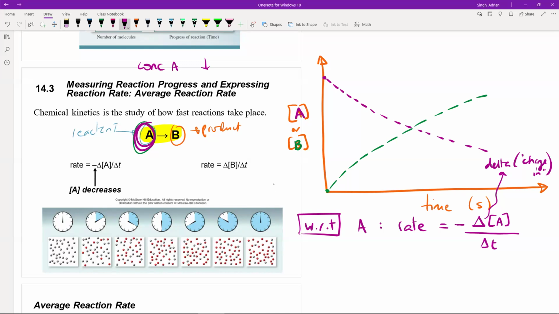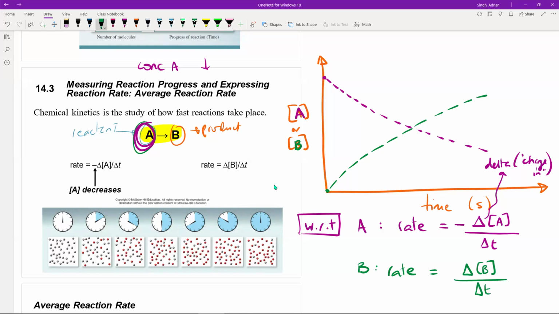That tells us that the reactant is going down as time passes. We can look at this with respect to B as well. The rate of the reaction is the change in the concentration of B, which, as we know now, increases as time passes, divided by the change in time, or the time that it takes for that change to actually occur.